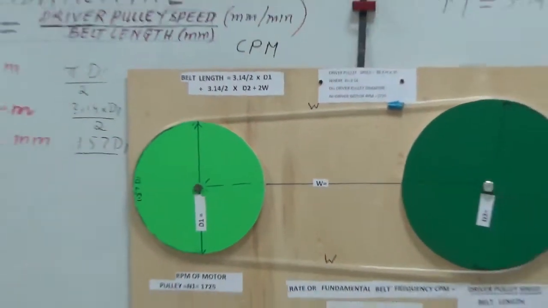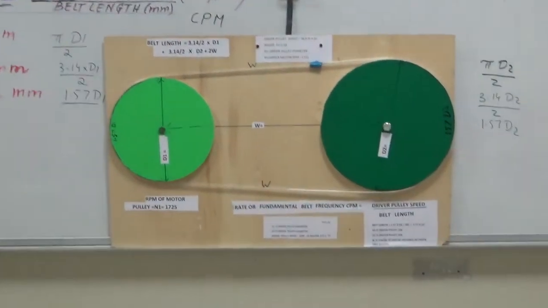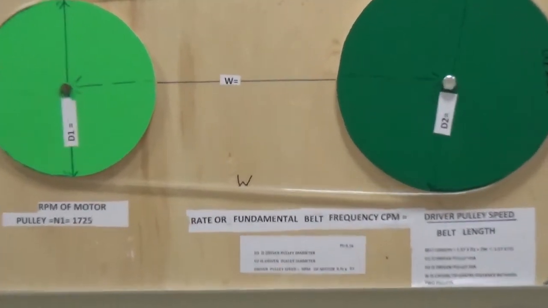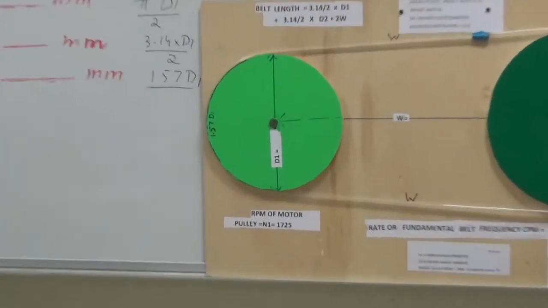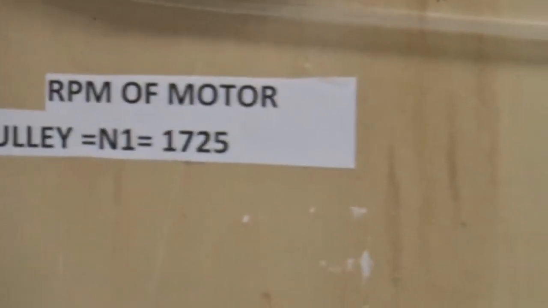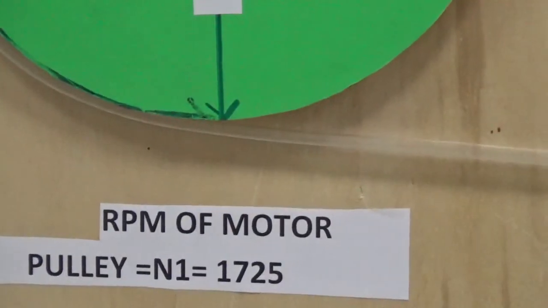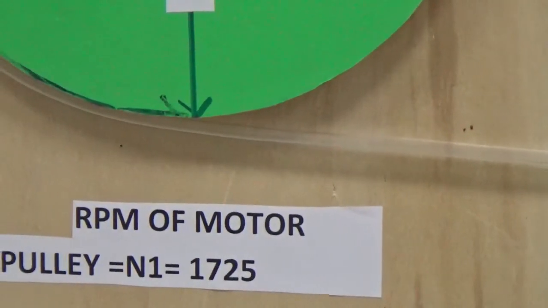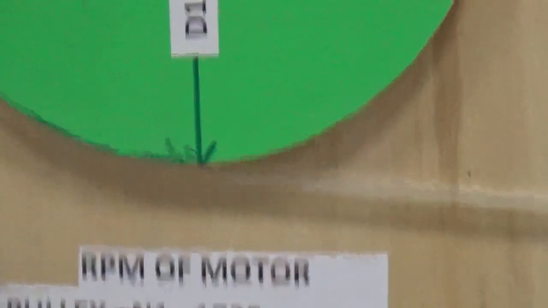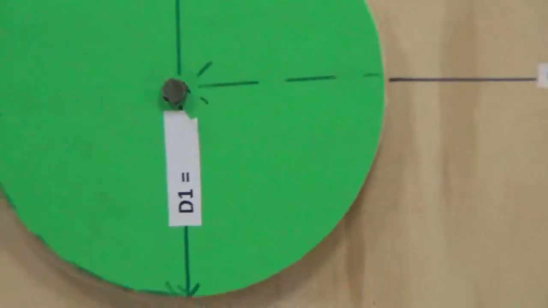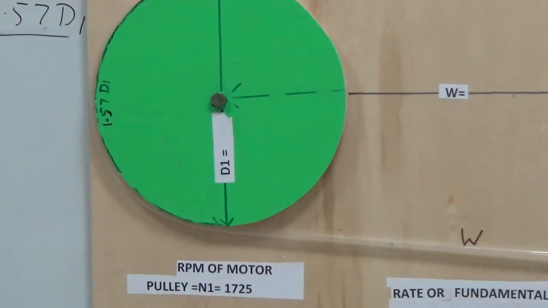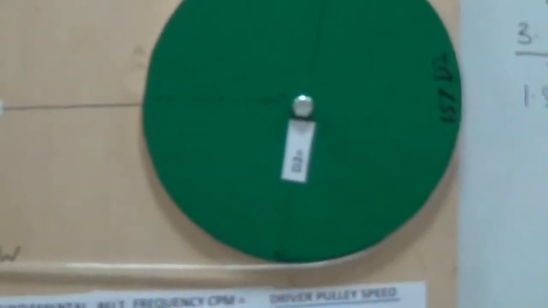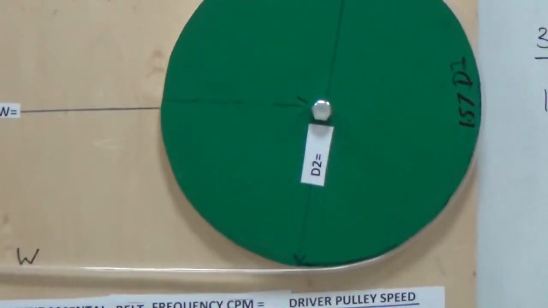And then you can see there is some information downside also. This is driver pulley, N1 is 1725, and this is the motor pulley. D1 is the diameter of the motor pulley, which is the driver, and this is the driven pulley.